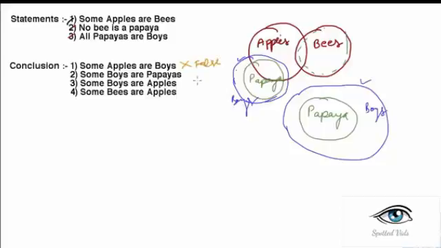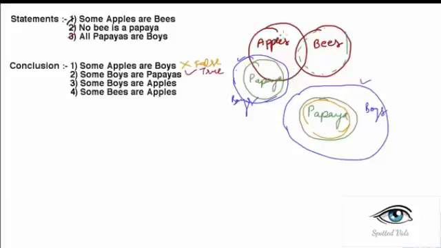Some boys are papayas. Yeah, this one is right in both of the situations. This papaya part is also boys. So this one is true. Some of the boys are apples.